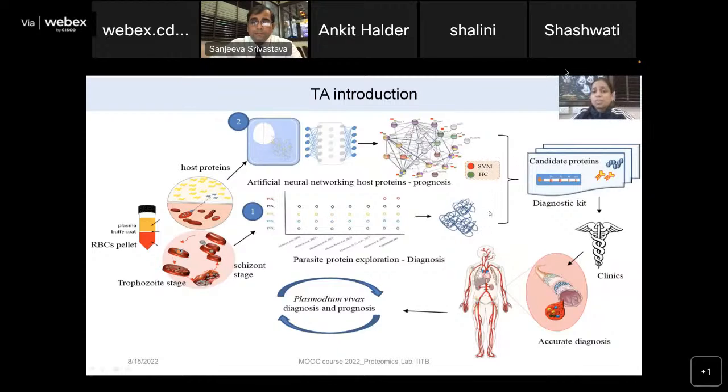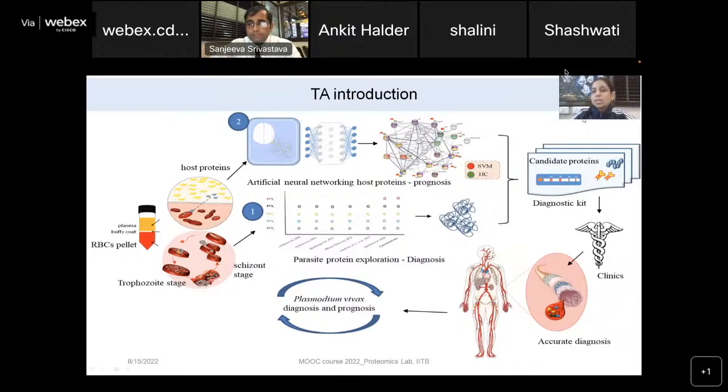Combining these two diagnostic and prognostic candidates, we tried to come up with an assay which can have these two components together to get an idea that a patient is Plasmodium vivax malaria positive and whether it's going towards severity or not.